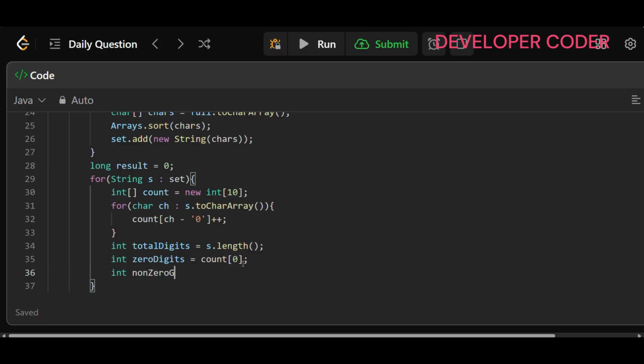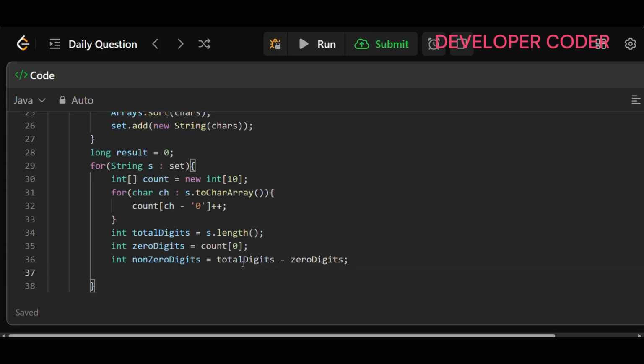So int non-zero digits is equal to total digits minus zero digits. This is going to give me non-zero digits. Now just calculate the permutations. Int permutations is equal to, same formula that I derived previously, non-zero digits multiplied with factorial.